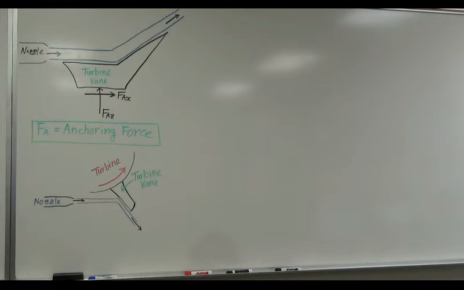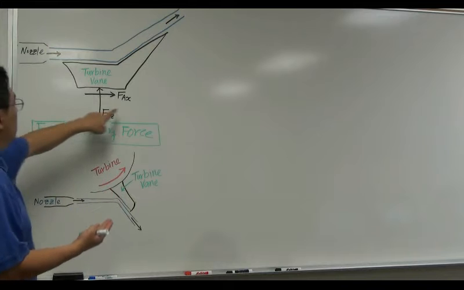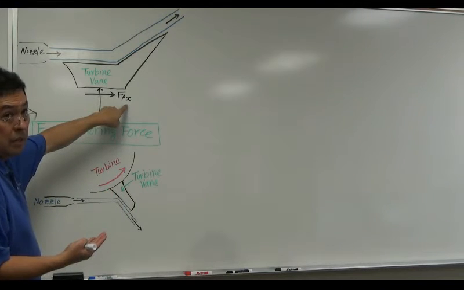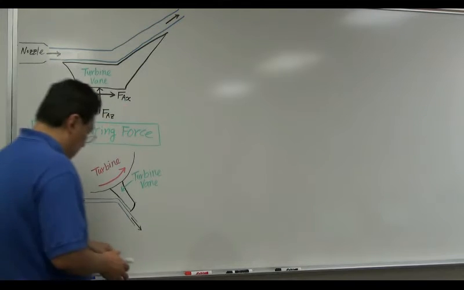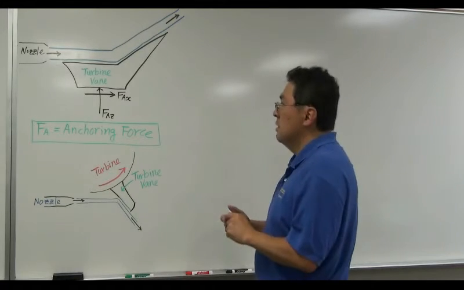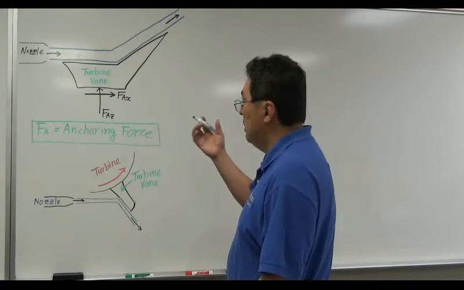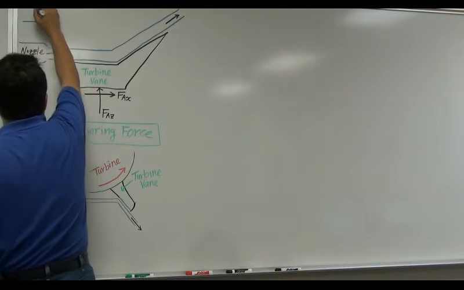So obviously this anchoring force has two direction components. The component in the x direction is called FAX. The component in the z direction is called FAZ. Okay. Remember, force is a vector, so it's very, very important to define your own coordinate system to begin with.